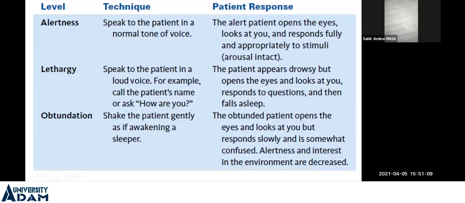How can we check the consciousness level? Speak to the patient in a normal tone of voice and watch the response. The alert patient opens the eyes, looks at you and responds fully and appropriately to the stimulus, as usual, intact. Second, lethargy. Speak to the patient in a loud voice, for example call the patient's name or ask how are you.